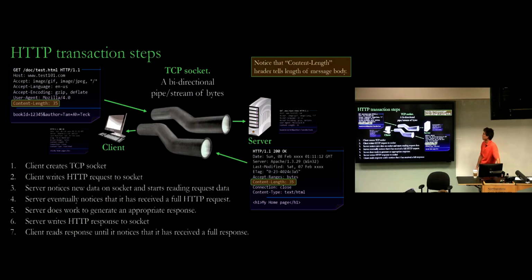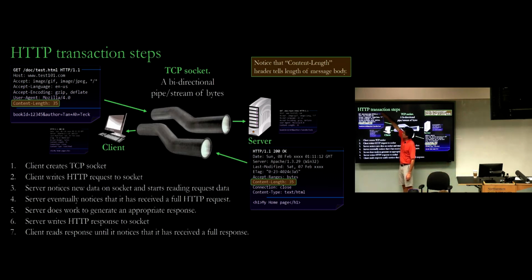One thing I want to point out here is the way that the two sides know when it's their turn to act. In other words, the way that they notice when the packet is finished, when the message is finished, is by looking at the content length, or by noticing that there's no content length. So in this example, there is a body.